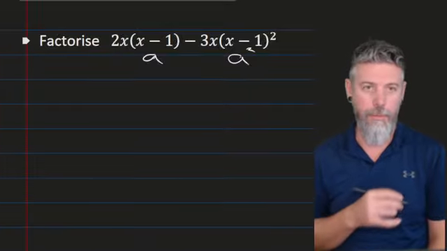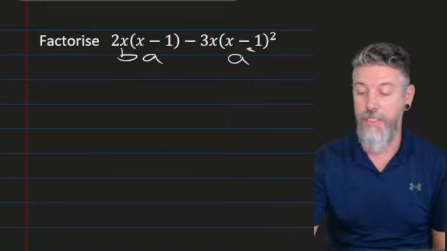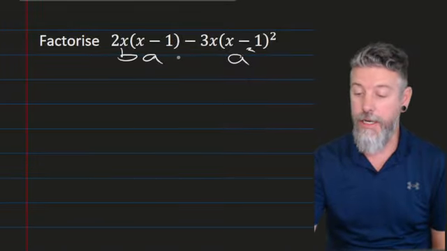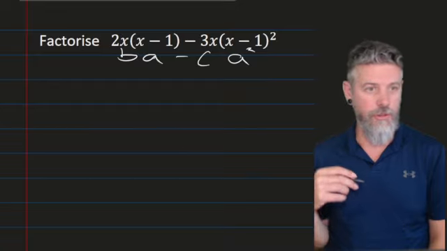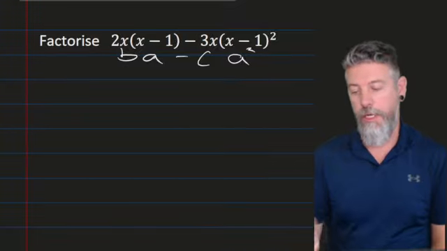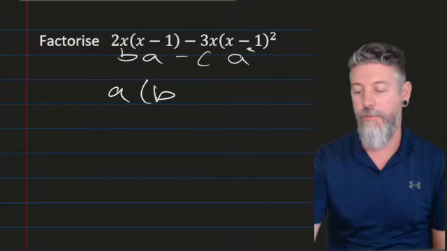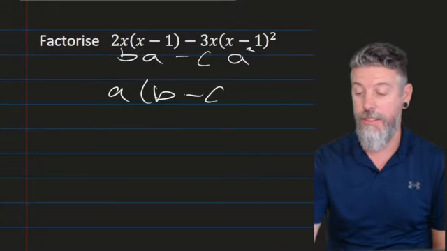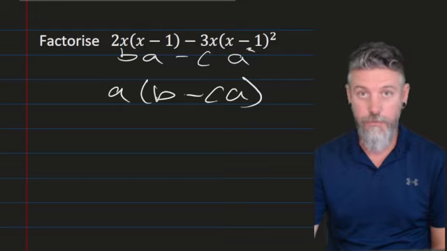Now, if I was to completely rewrite this as b times a minus c times a squared, I think that you 100% would know what factorisation to do. You'd be like, oh yeah, there's an a that is common in those two, and I'm going to get a outside of b minus ca, and I have factorised an a out of there, which is great.